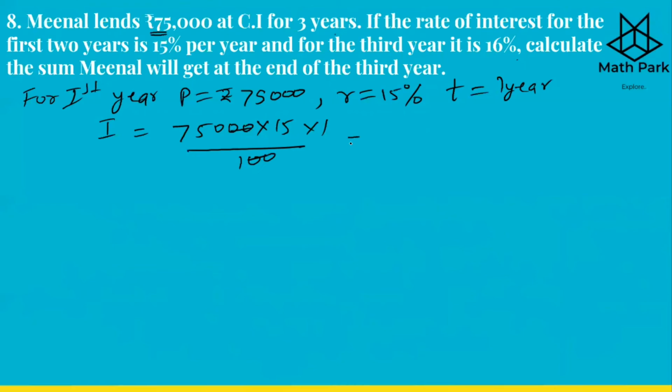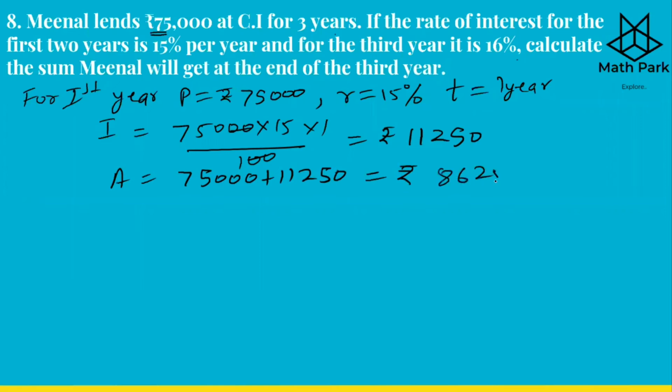On calculating this, we get 75 into 15, we get this interest as rupees 11,250. Okay. And then amount is equal to 75,000 plus 11,250, which we get it as rupees 86,250. Now this is for second year.